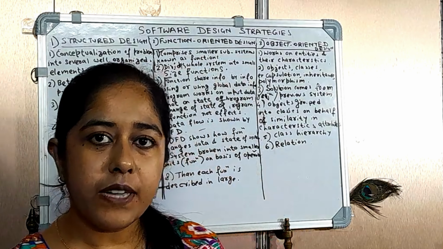Now, what we used to do in our structured designing, as we saw in our previous class, was break the whole system into small subsystems, and again those subsystems into small modules. So what were the well organized elements of solution?